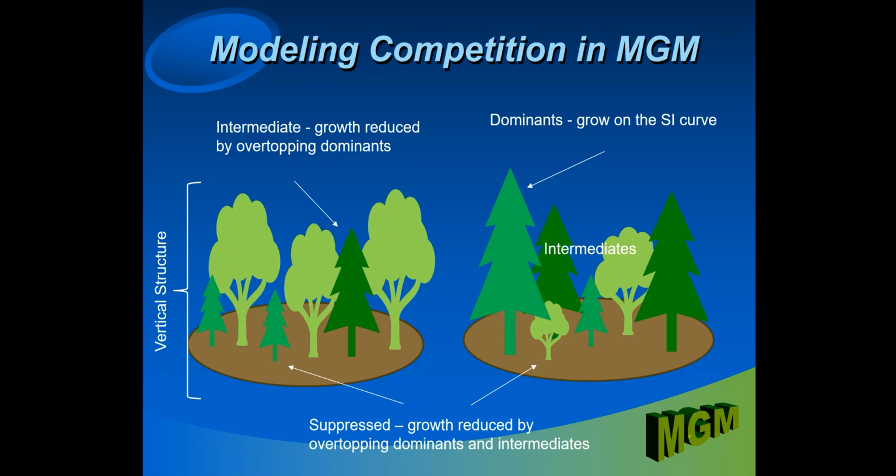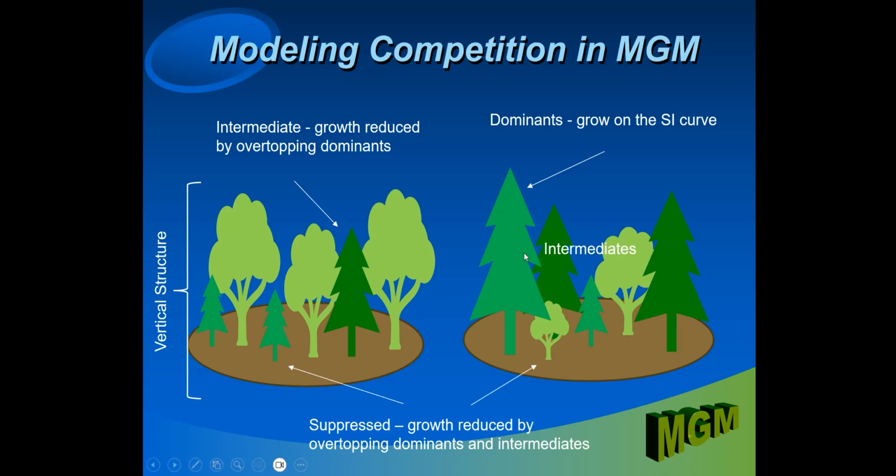And the third trees, these small spruce trees at the bottom, are shade-tolerant spruce, so they're quite happy to be there. They're not going to grow well or quickly because they're overtopped by the intermediate trees and the dominants.